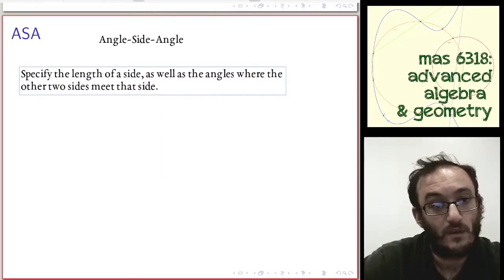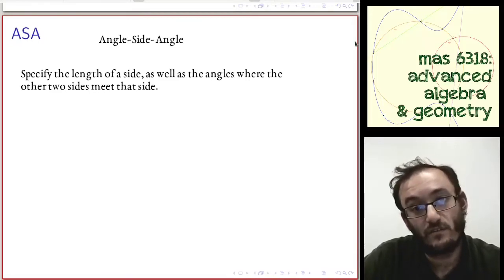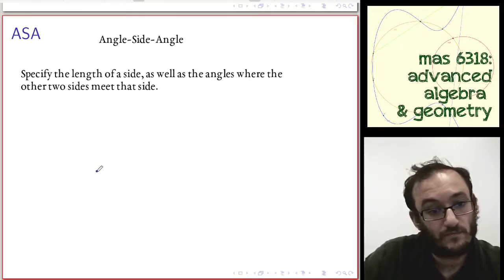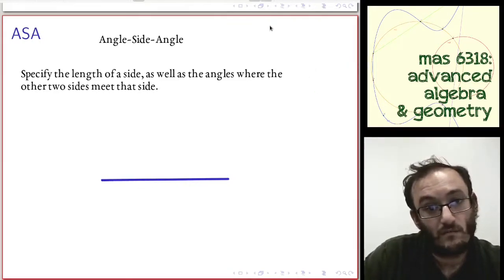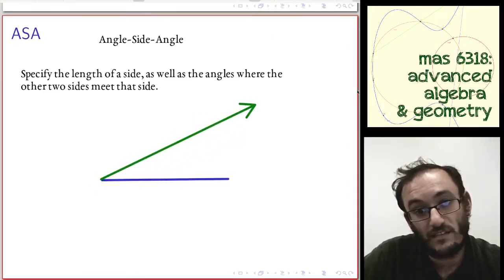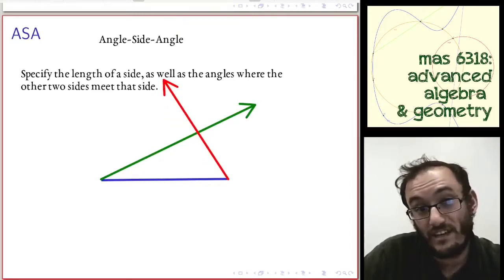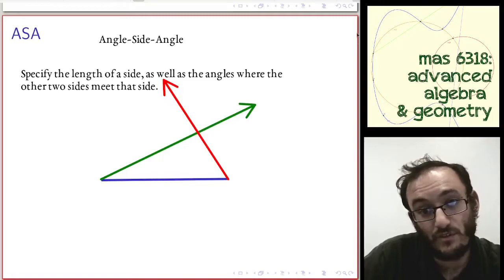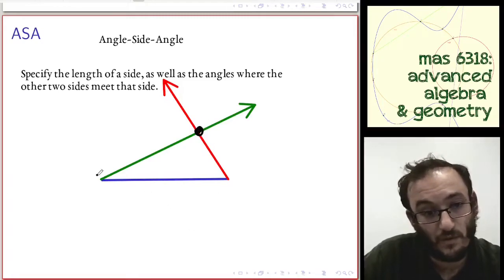So if we have this side length, and we have an angle that looks like this over here and an angle that looks like this over here, then in order for that to be a triangle, there's only one place for the remaining point to be, and that's right here. So we'll have our points here, here, and here.